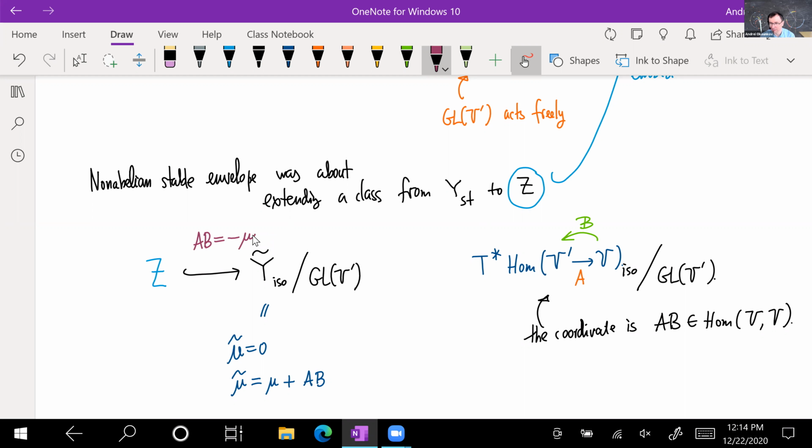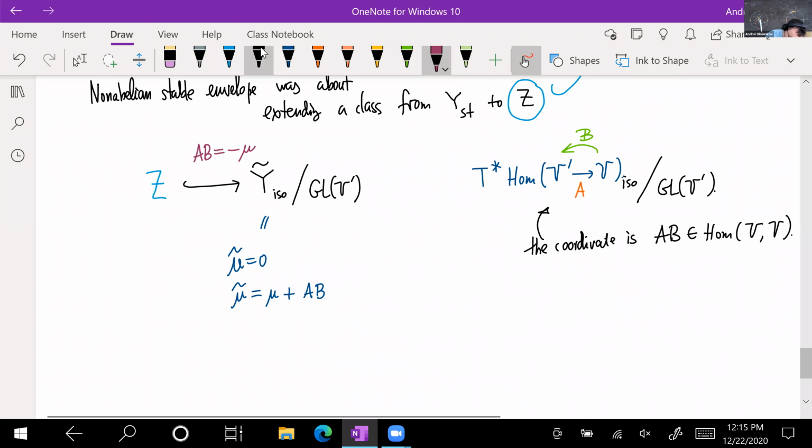Right? That's the embedding. That makes sense. So we get one more coordinate and we get one more equation, and we can exactly satisfy this equation by choosing the coordinate appropriately. That makes sense. So this is the embedding.